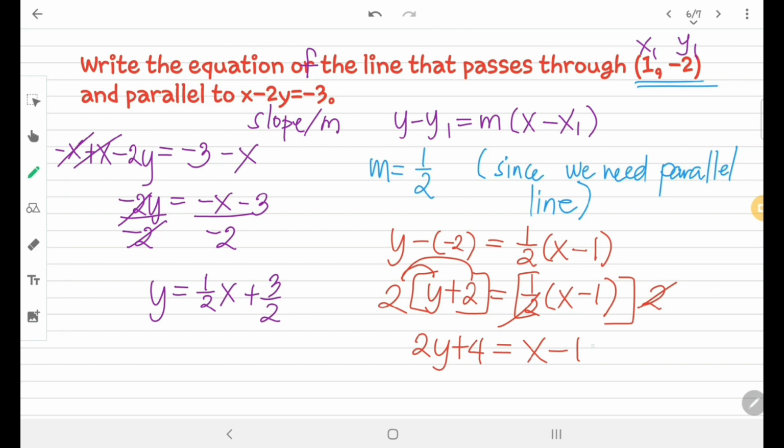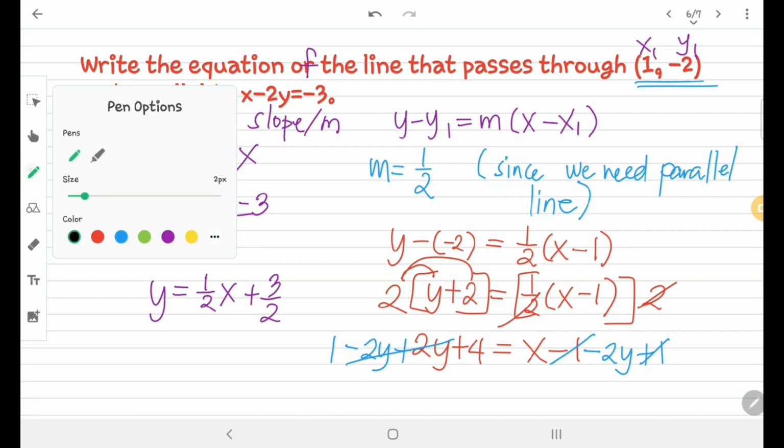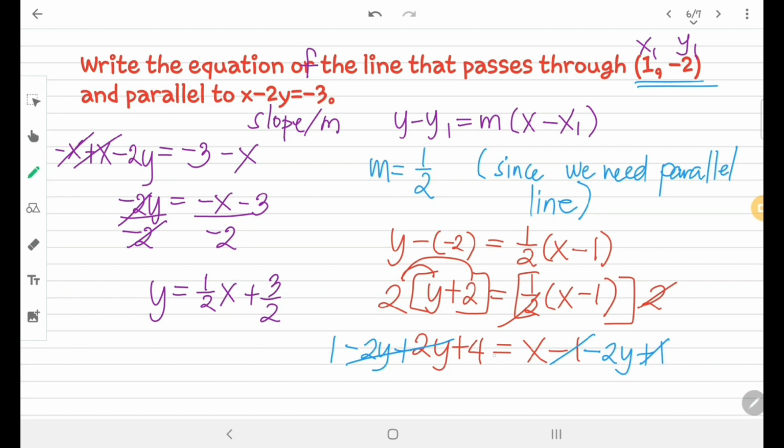Magsasubtract ako ng 2y at mag-add ako ng 1, para makancel ko to dito. So, ang mangyayari ay 5 = x - 2y. Or, standard form ayusin ko lang. So, x - 2y = 5. So, this is the final answer.